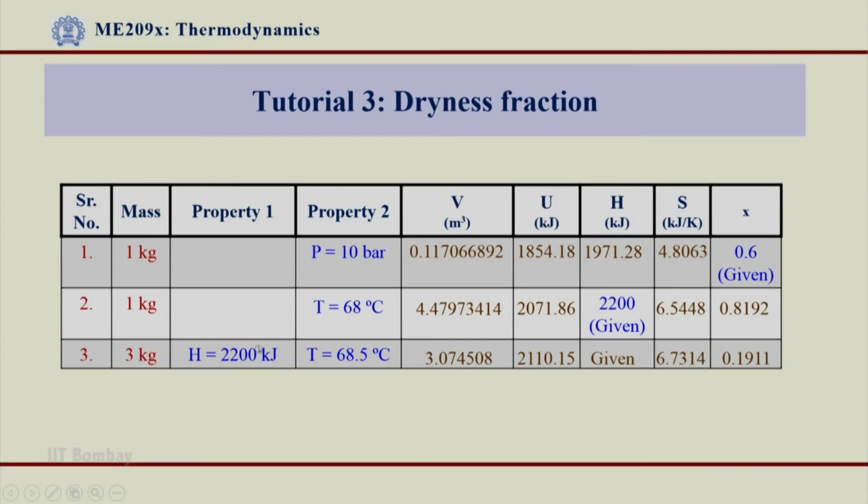So this is the way we have to calculate. First, understand the zone in which it is, also ensure whether the values are given per kg or for 3 kgs or 4 kgs, whatever, and correspondingly convert into kilojoule per kg, and then answer the questions accordingly.